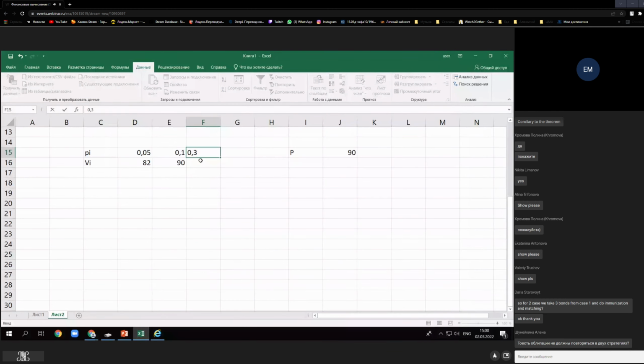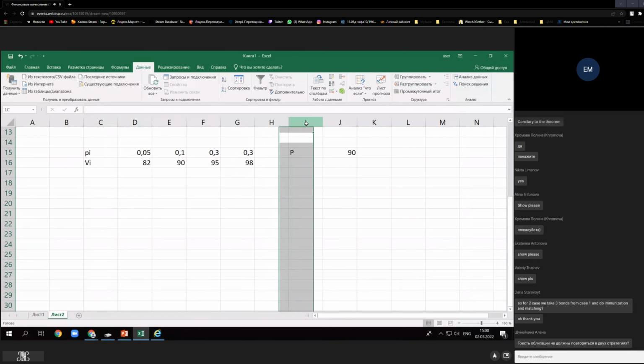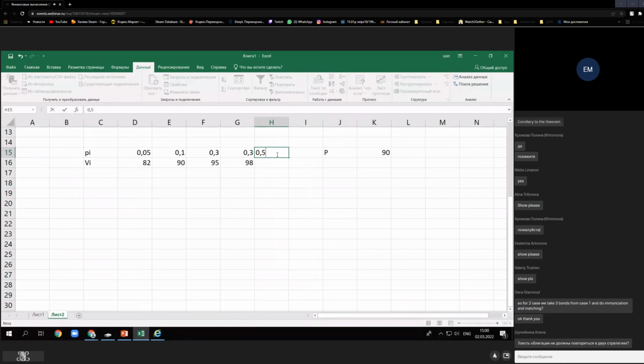With probability of 30%, it grows up to 95. With probability of also 30%, it grows up to 98, and with probability of 0.25%, it will be equal to 100. If we know this distribution function, we can calculate the expected return, but pay attention that these are prices and you need the returns.